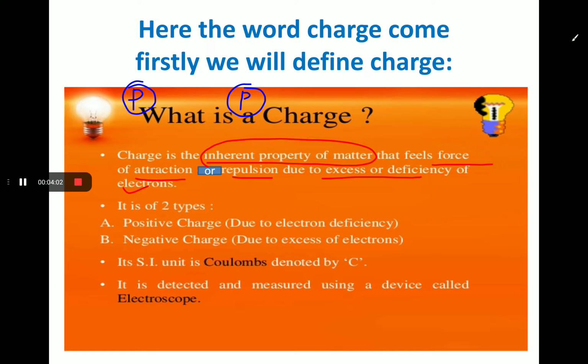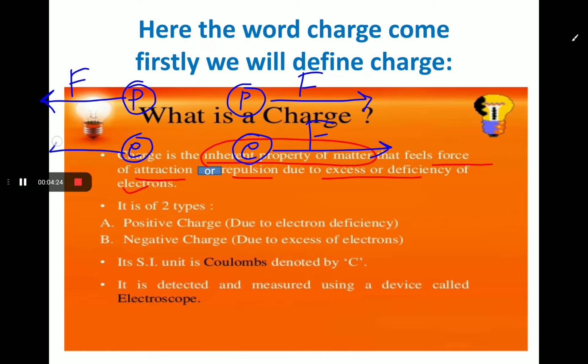If we place two protons near one another, then they repel each other, like this. Means the force of repulsion arises here. If we interact two electrons in a similar manner, then again both repel each other. That is again the repulsive force. But if we interact a proton and an electron, then they attract each other.